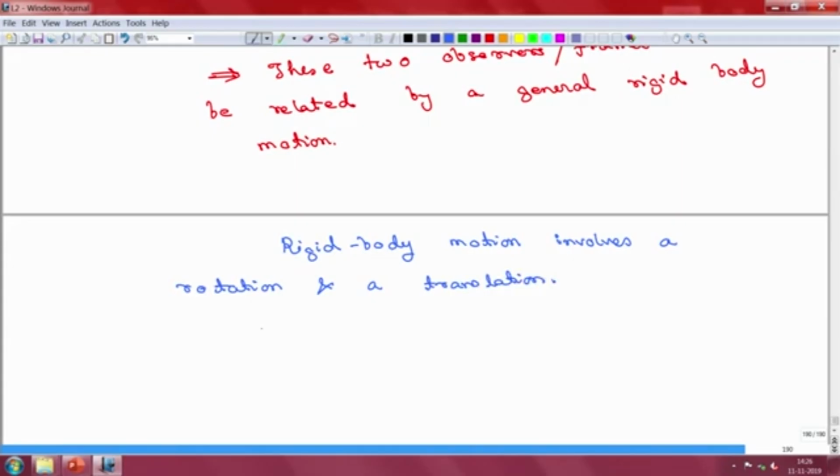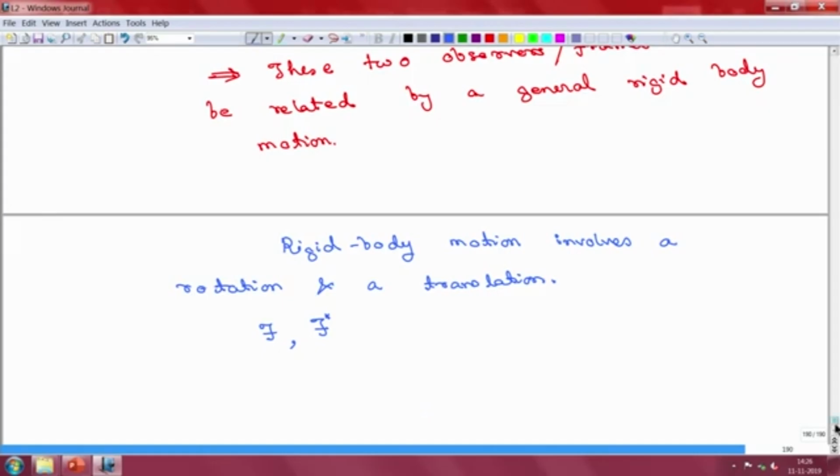So, let us say you have two frames, F is your current frame, and we will denote all quantities in another frame by F star, and these two frames are equivalent observers and they are related to each other by a rigid body motion.